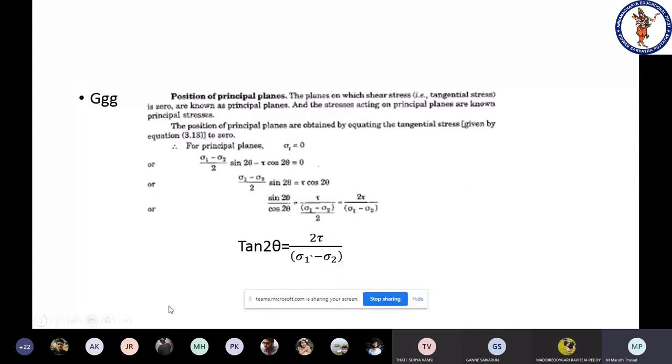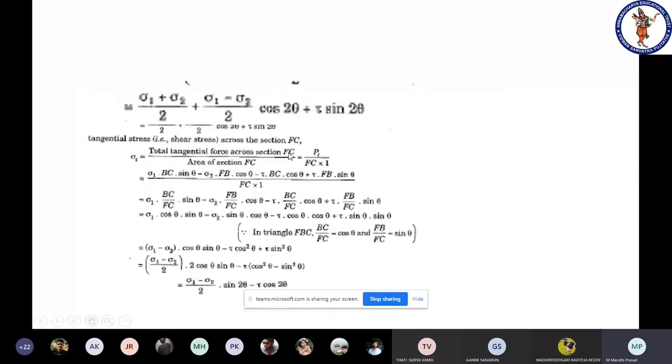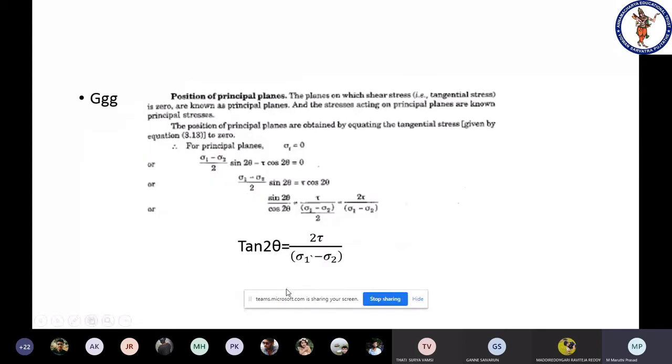So from that fundamental thing, for a principal plane, certainly sigma t, that is the tangential stress, should be equal to 0. So in the last one, we have calculated the tangential stress, sigma 1 minus sigma 2 by 2 sin 2 theta minus tau cos 2 theta. So it should be equated with 0. Right, sigma t equals 0.